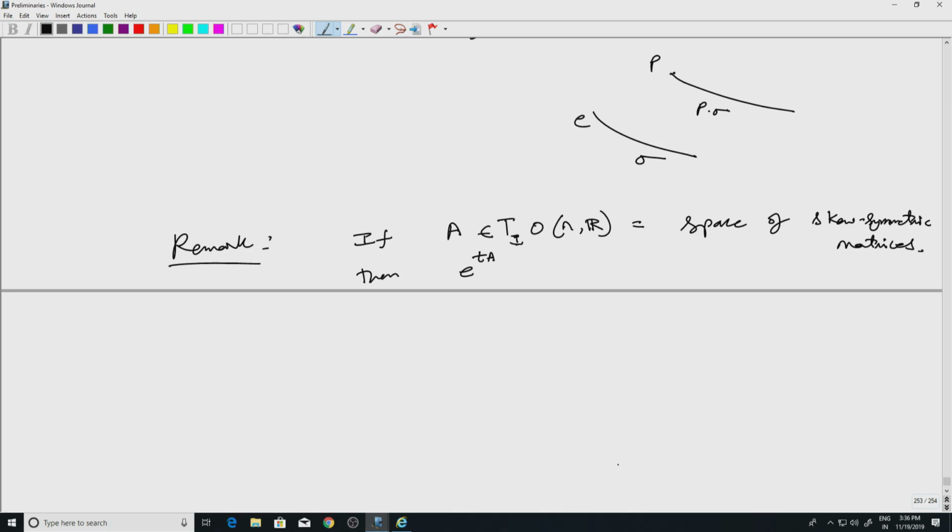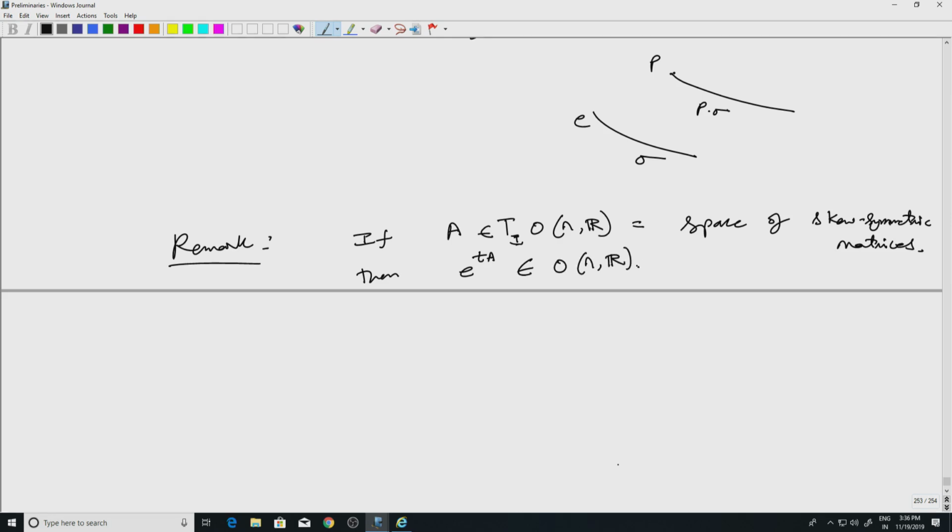In other words, the left invariant vector field on ONR generated by A is the restriction of the big left invariant vector field. Since that is the case, e to the power tA, which is an integral curve, will have to lie in the submanifold because its derivative is tangent to it. But one can also see that directly: e to the power tA belongs to ONR.